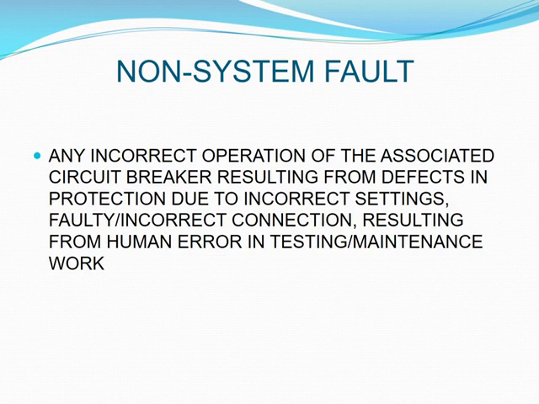It is due to incorrect settings or a faulty or incorrect connection, but all of this revolves around your circuit breaker. It could also be from human error when they're busy doing their testing and maintenance work. So it's non-system because it's not on your primary electrical equipment, but rather on your protection, which is mainly your relays and your circuit breaker.